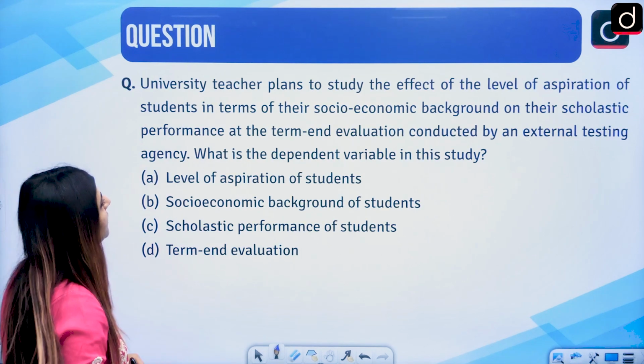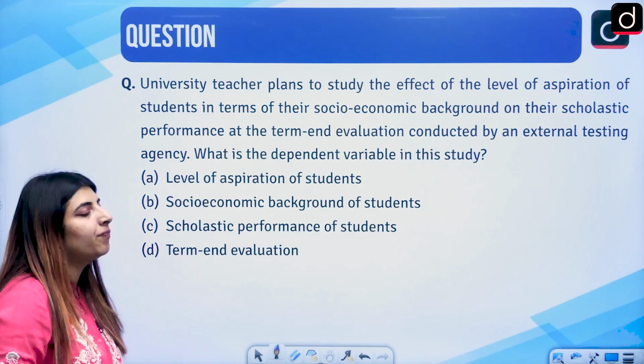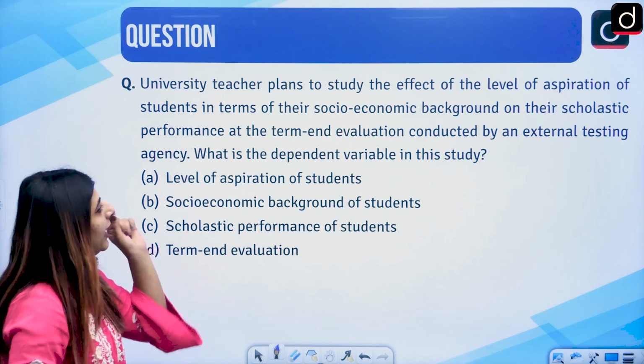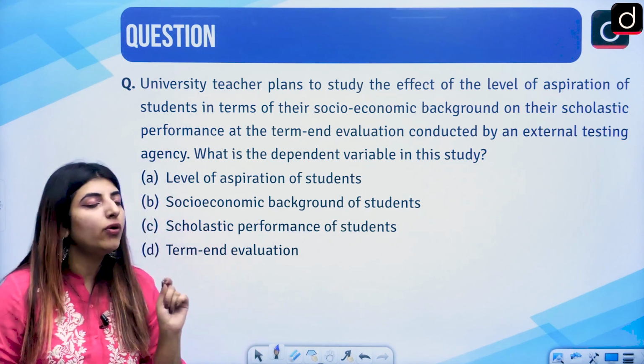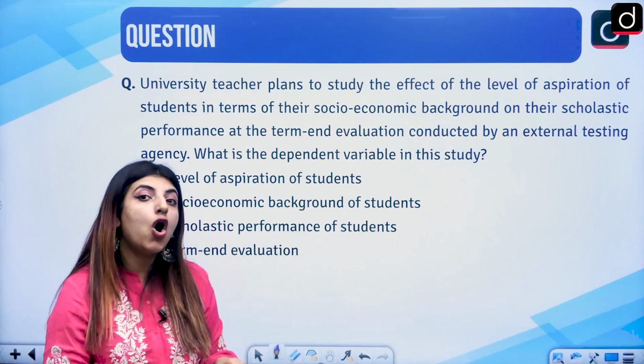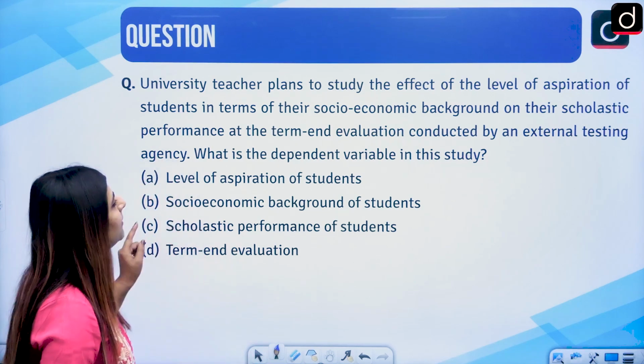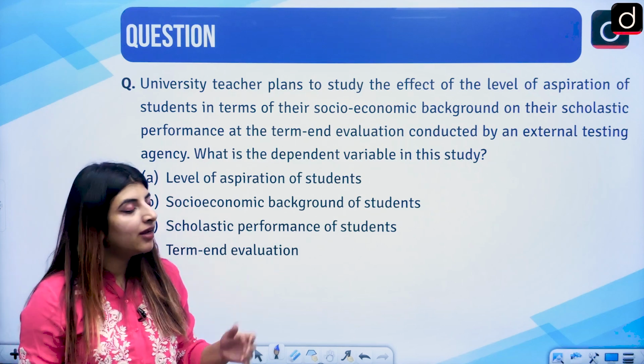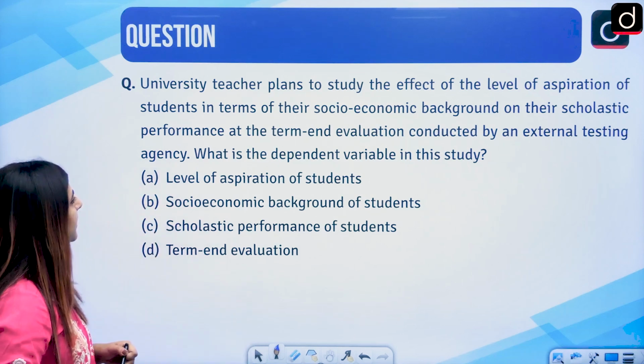Next is, a university teacher plans to study the effect of level of aspiration of students in terms of their socio-economic background on their scholastic performance at the term end evaluation conducted by an external testing agency.